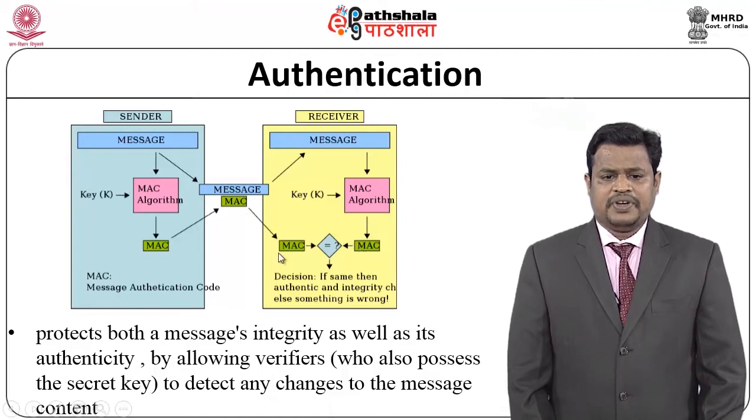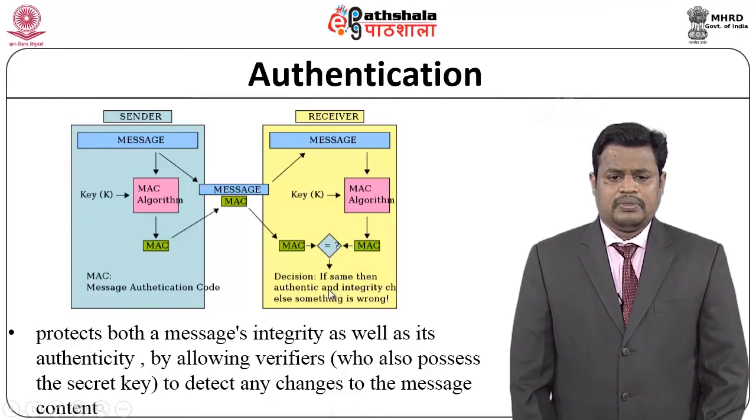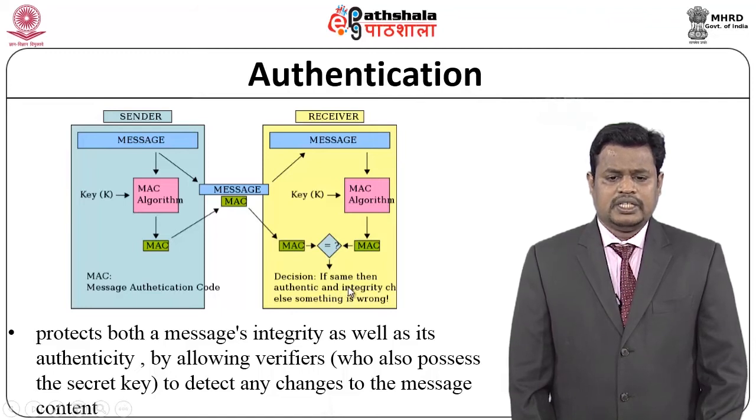Now both have to be verified. One is from the sender side, another is from the receiver side, the recomputed one. Then the decision is made: if both are the same, then it is authentic and integrity is verified, else something went wrong.